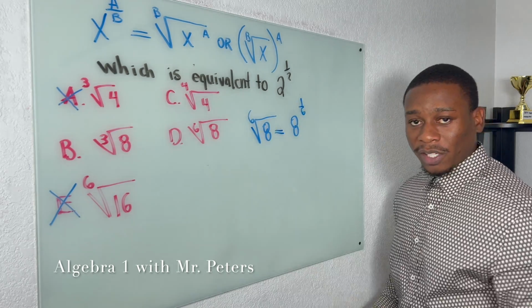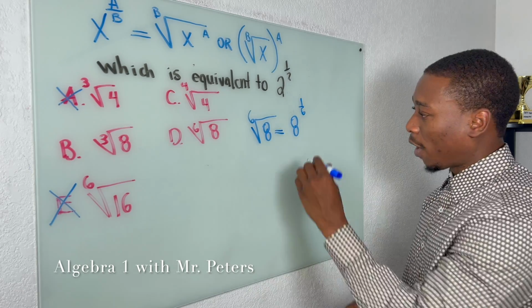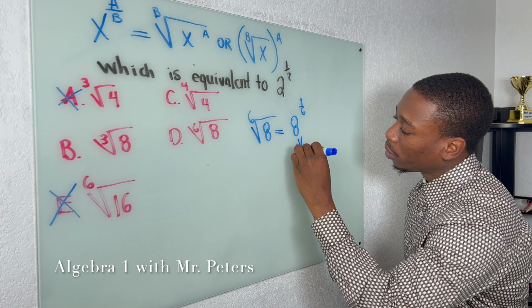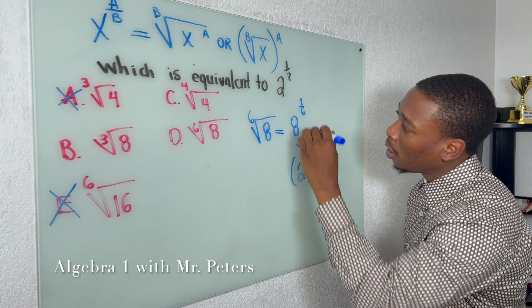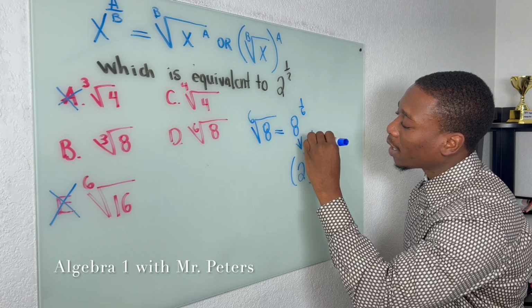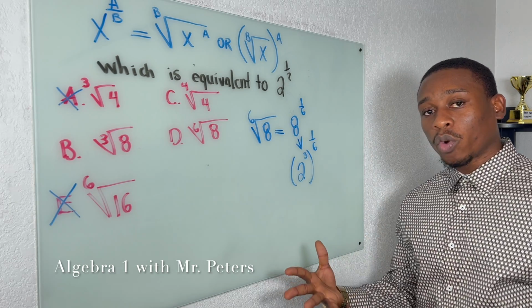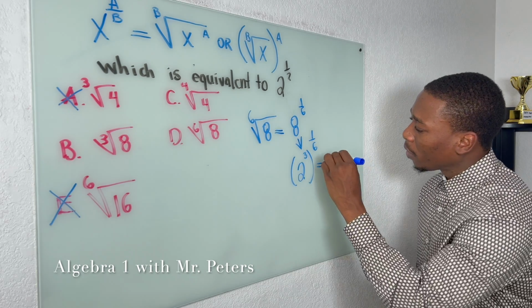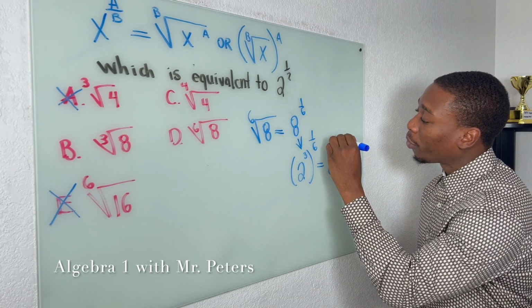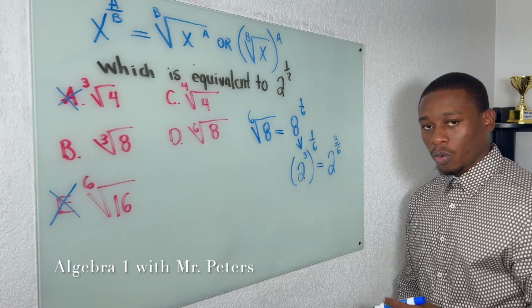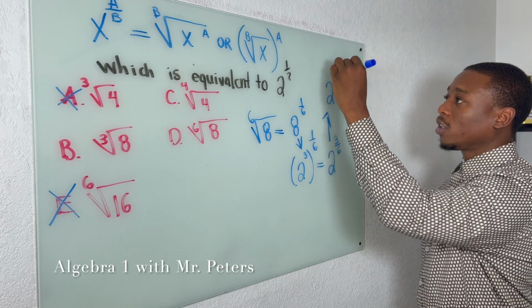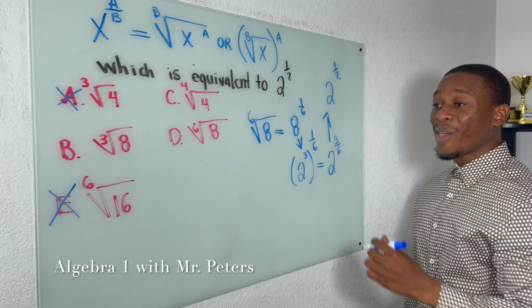Don't have the same base, so I have to change it. Write an equivalent expression. So I have 2 to the 3rd power, same thing as 8. 1/6 stays on the outside of the parentheses, and now we're going to multiply those fractions together. Once I do, I'm going to get 2 to the 3 over 6 power, and when I reduce my fraction, this is going to be 2 to the 1/2 power.